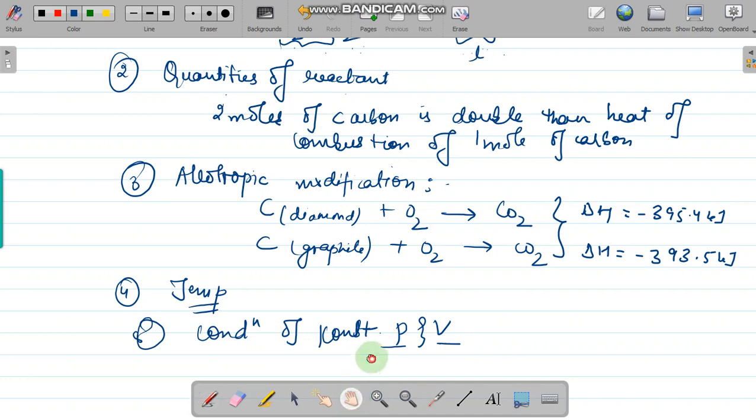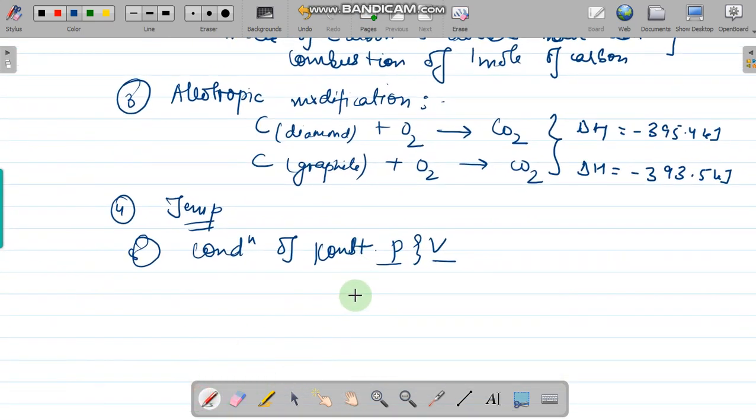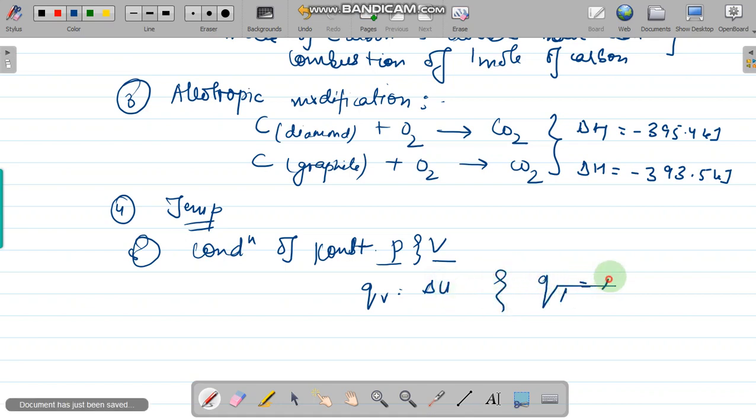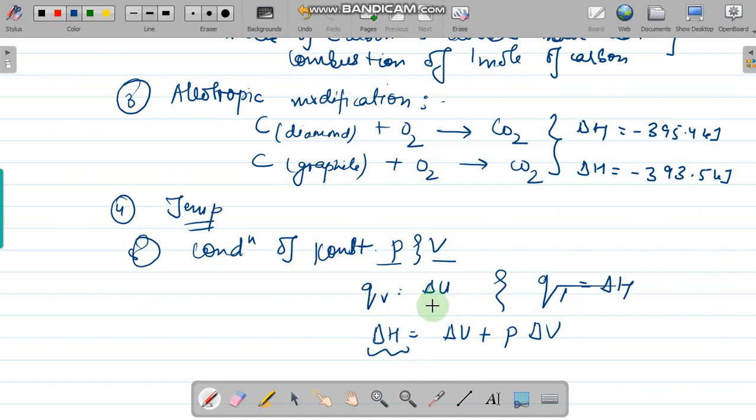We have already covered this in yesterday's lecture, that QV is equal to delta U and QP is equal to delta H. So delta H is equal to delta U plus P delta V. Delta H can be equal to, greater than, or less than delta U. These are the factors on which it depends.